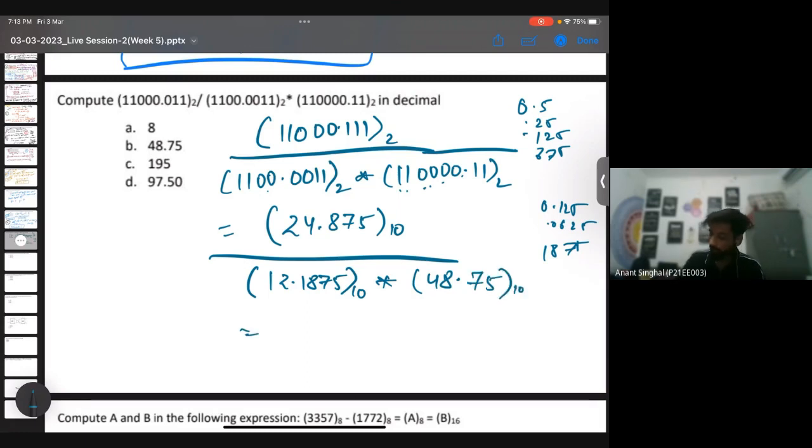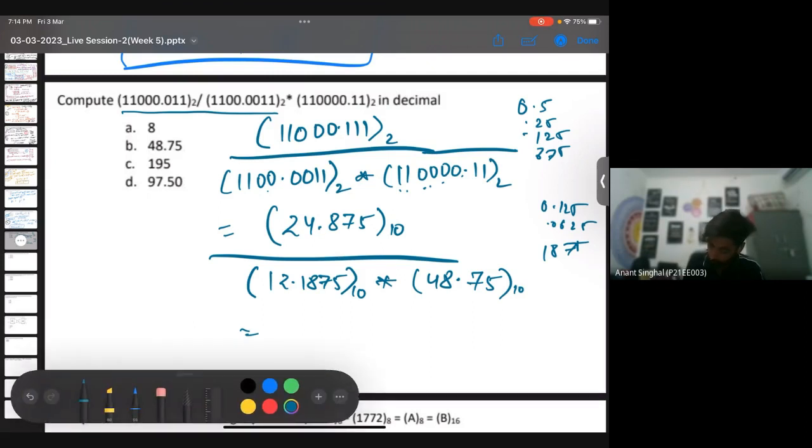So we can directly use the calculator to solve this problem. So I'm using the calculator, so it is 24.875. Then it is divided by this 12.875. Okay, so this is the division part, and then the whole part is in multiplication with this. So I've written it wrong.